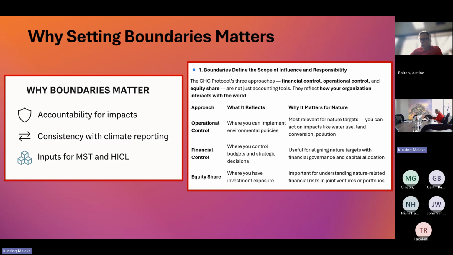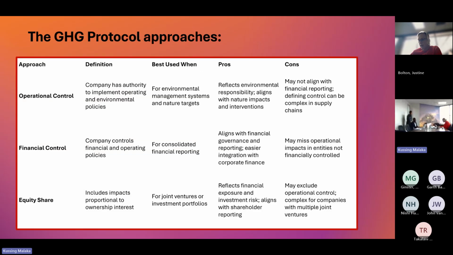Again, it's beyond compliance. Why this process matters: we'll get into what kind of boundaries can be set, but the kind of boundary defines the influence and the responsibility that a company has. If you're in an operational control approach, you can identify where you can act on certain impacts. I think just maybe stick to the previous slide before I get there.